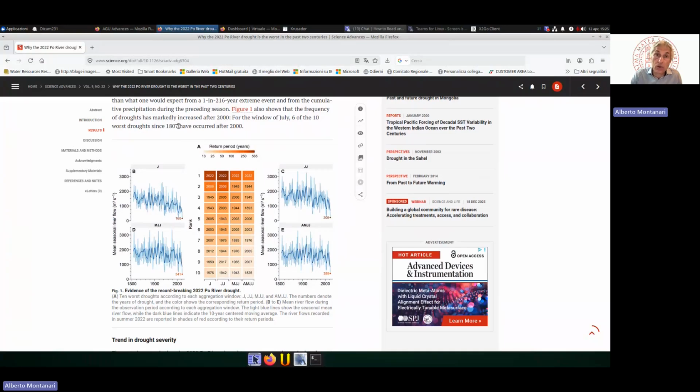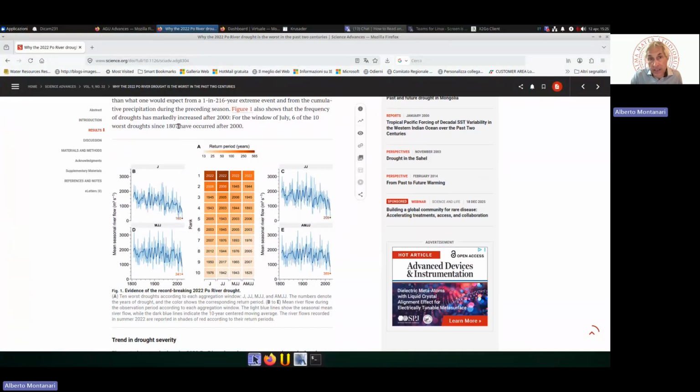And it's the first column of the table with the symbol J. And then we focused on the flows in June and July, and we have, again, 207 values of flows in June and July, JJ. And then the third column, May, June, July, MJJ. Fourth column, April, May, June, July, AMJJ.